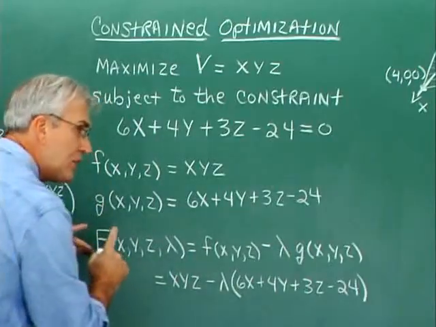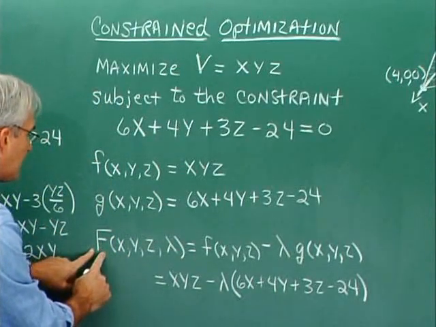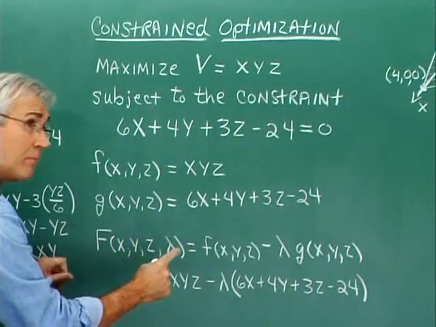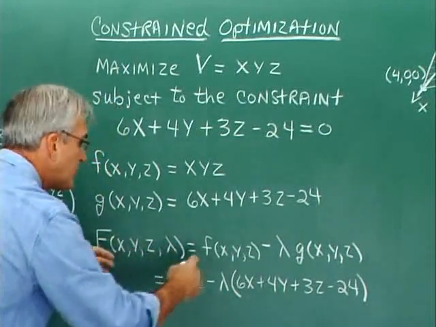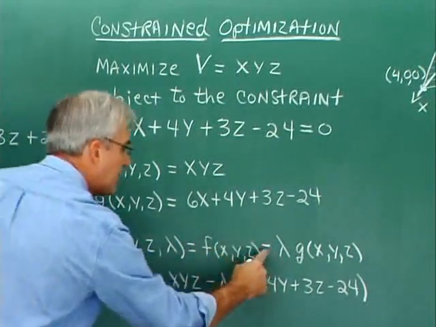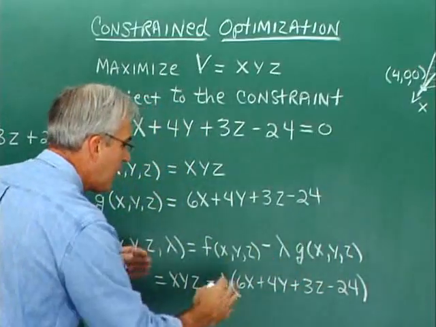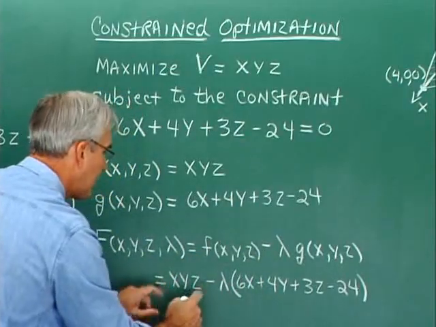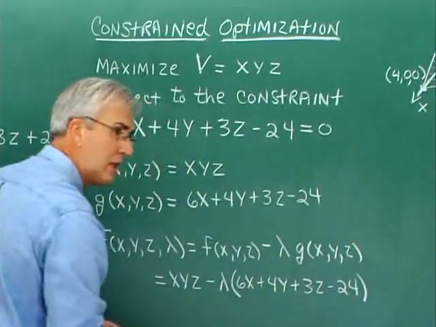We define a new function, and the notation for it is uppercase F, and it's F in terms of x, y, z, and the multiplier lambda. All right, and it is the f function minus lambda times the g function, and that's all there is to it. And now we can simplify things a little bit, replace this with the expression x, y, z, replace this with the expression for the g function.